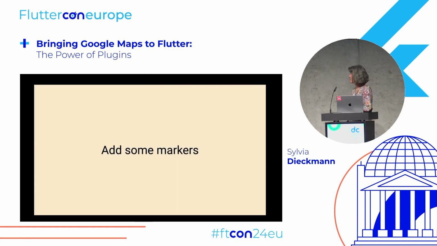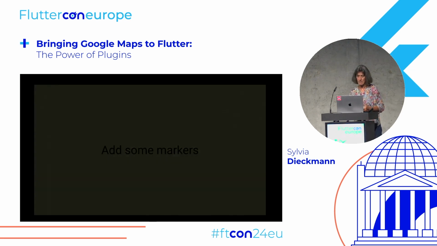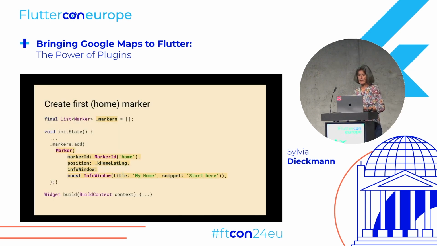That map was nice, but it was a bit boring, so the next step would be to add a marker. I chose to keep my markers in the state of the wrapper object, this demo view. So I have a list of markers there, and every time I create a new marker, I just add that to the list. The way I create a marker is I use the marker class that's provided by Google Maps Flutter.